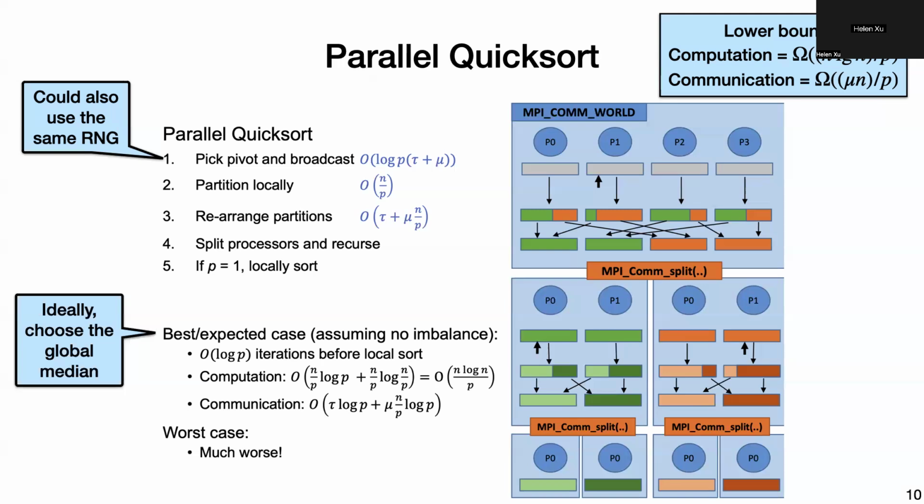We're trying to see how close we can get to the lower bound. These are expected upper bounds. The broadcasting is small relative to the rest of it because it's tau plus mu, and you already have to pay mu n over p.